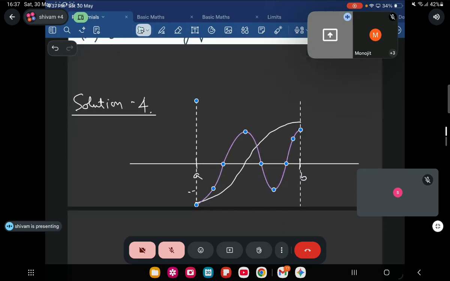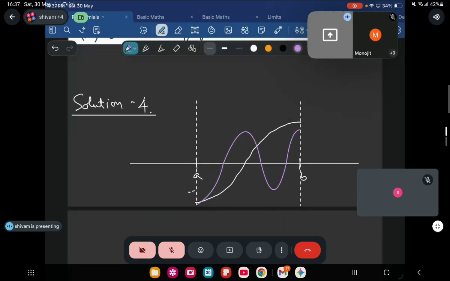Not roots, two zeros. Is it possible? Arush has said it is possible. Tell me, Arush, go on. Sir, like the parallel graph, it is going up, but rather than crossing down the x-axis, it is only touching the x-axis.